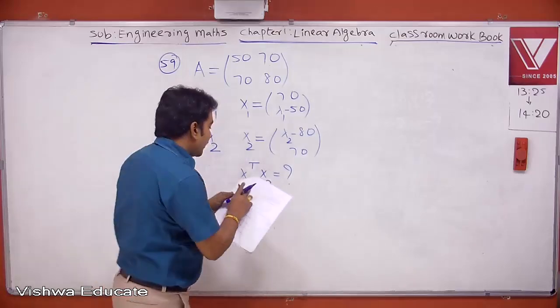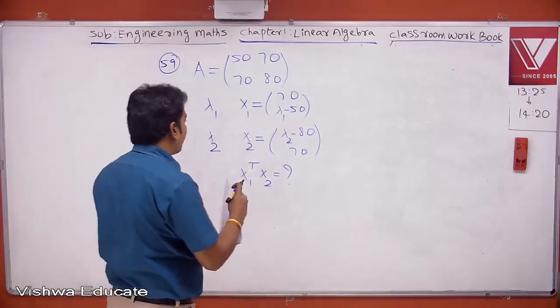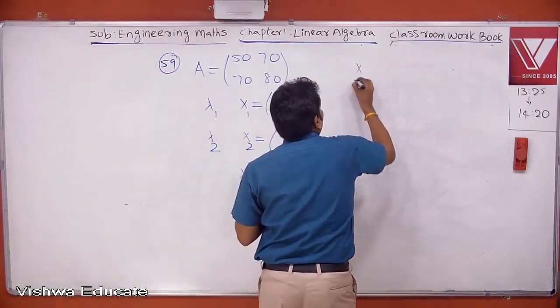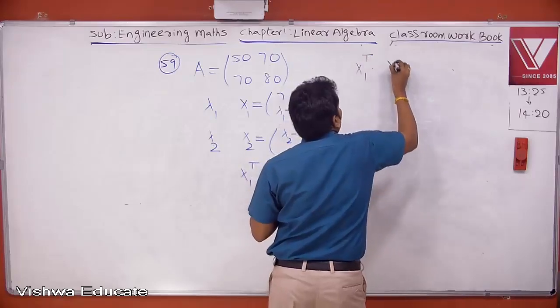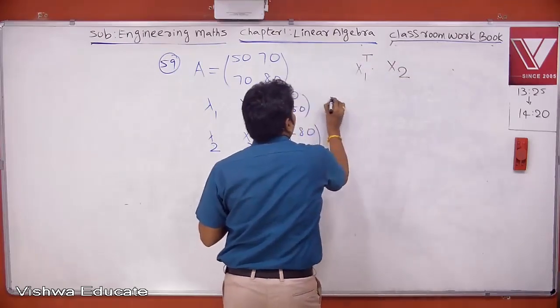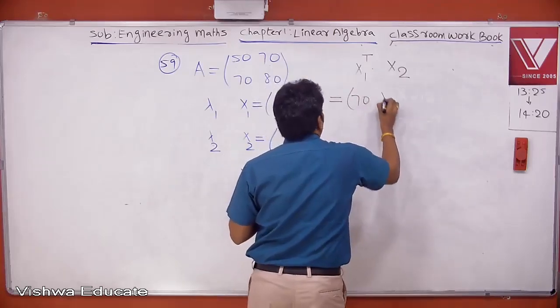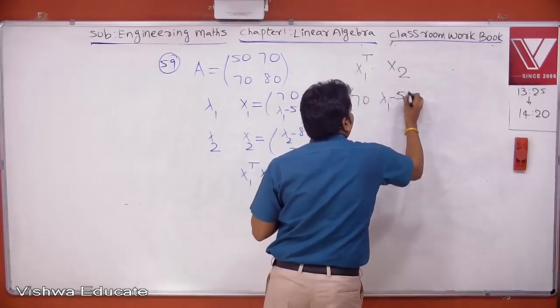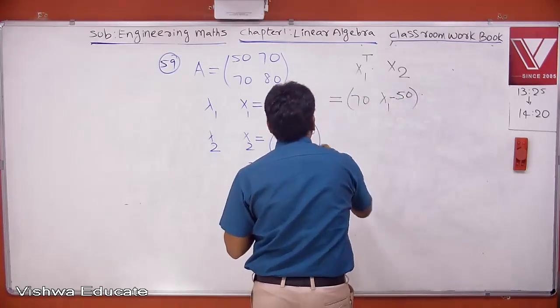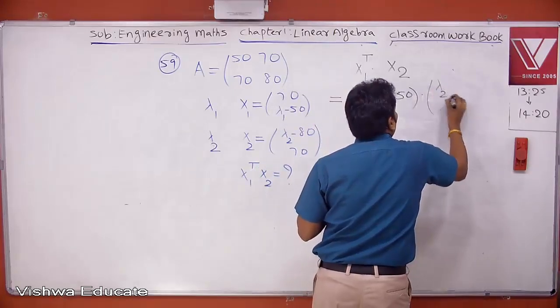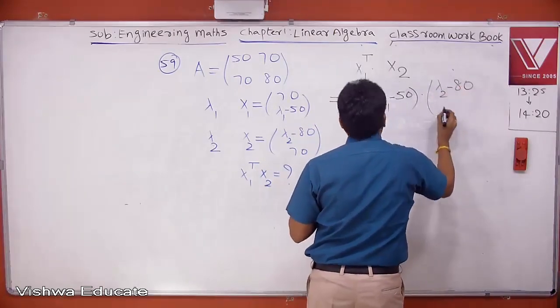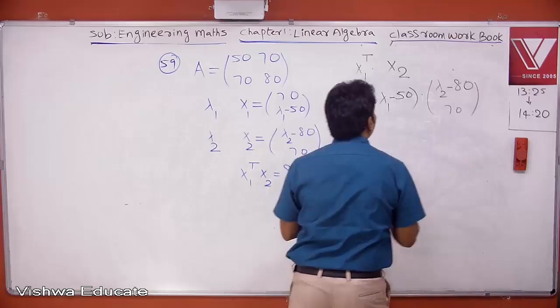At first, let us try to simplify x1 transpose into x2. So x1 transpose is this, 70, lambda 1 minus 50, into x2, which is lambda 2 minus 80, 70.